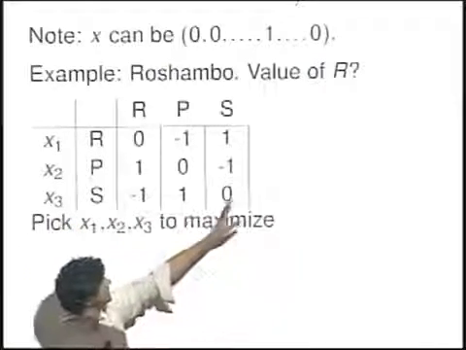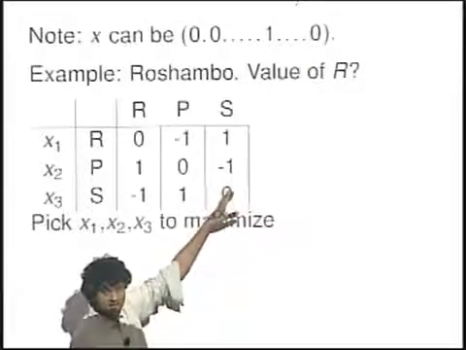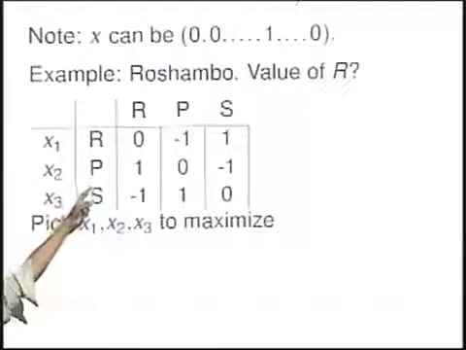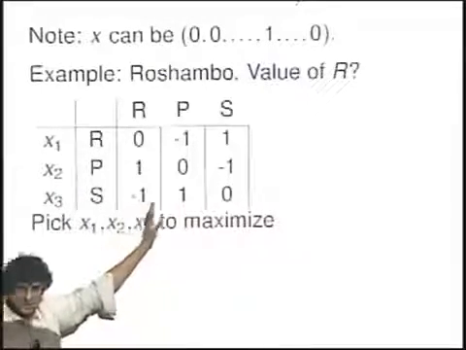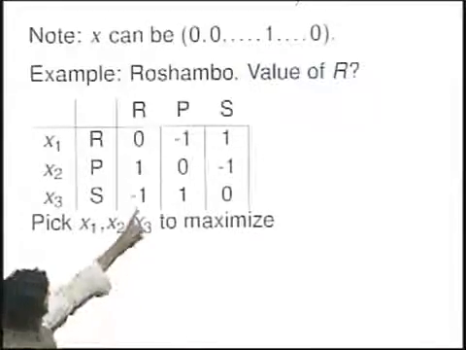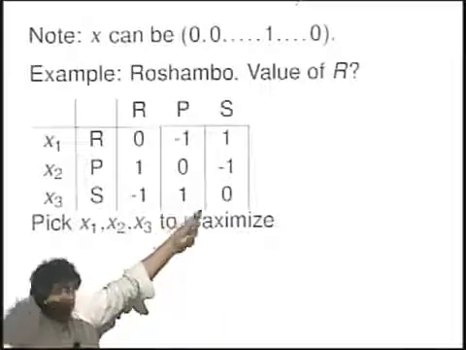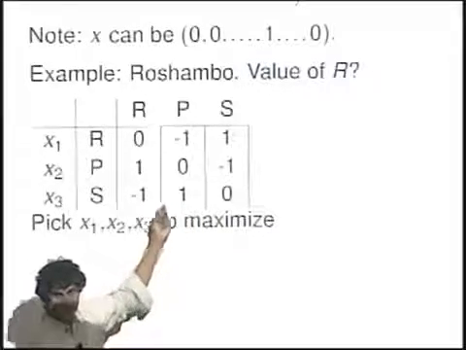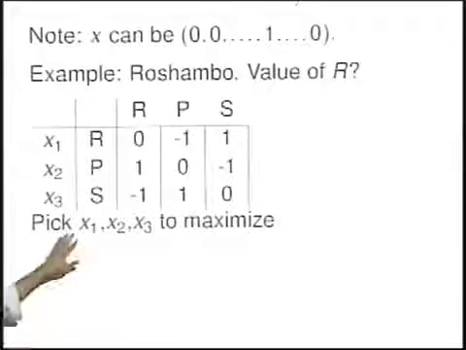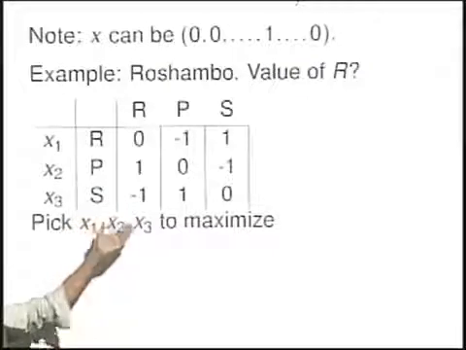And what does the column player get from playing this column? x1 minus x2. So we want to pick our x1s to maximize whatever the column player responds with. Any linear combination of these is not going to be any better than any one of these. So we want to pick our x1 to make the responses for the column be as bad as possible.